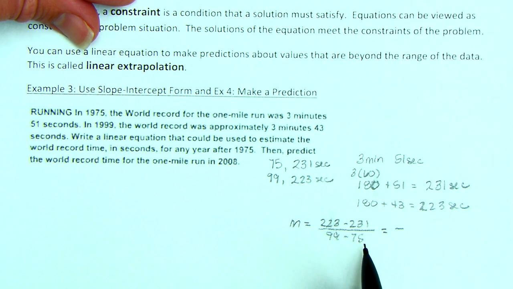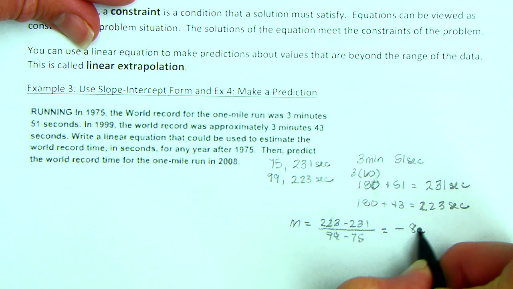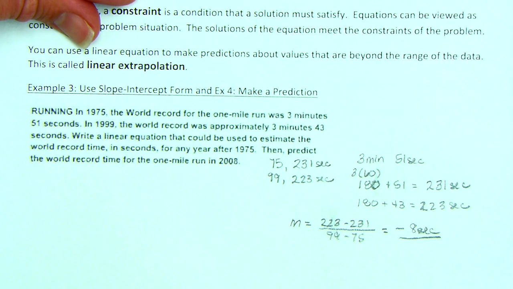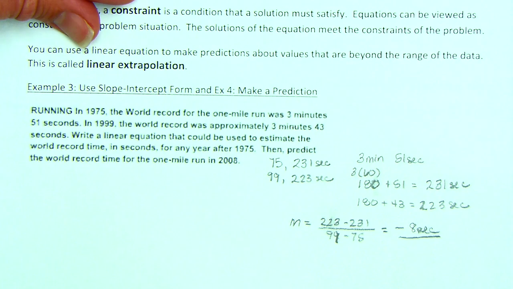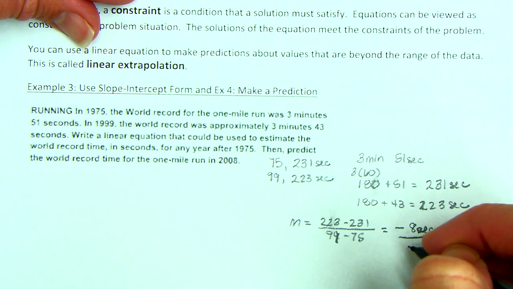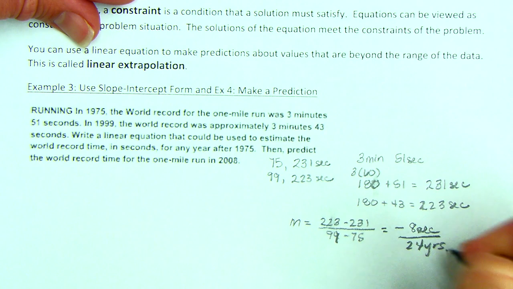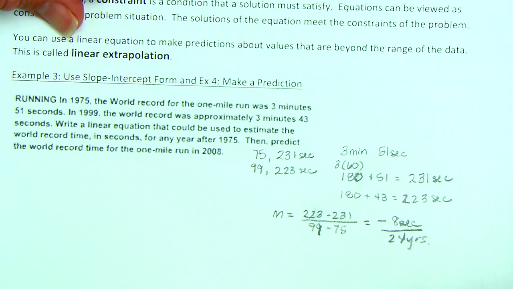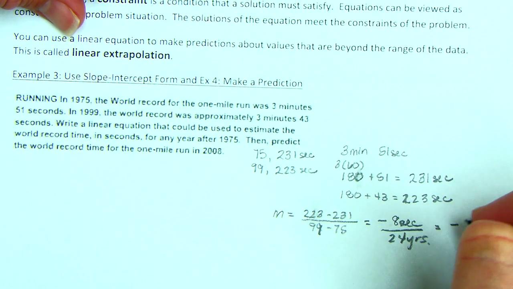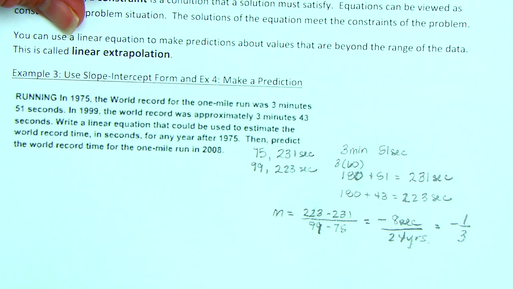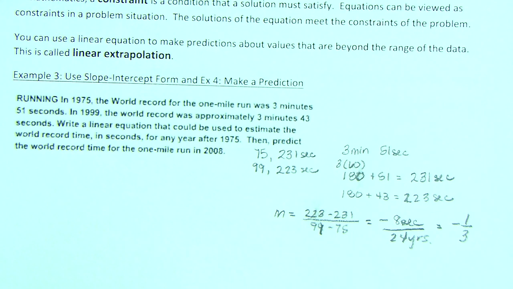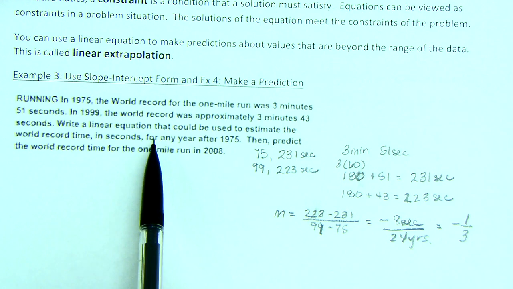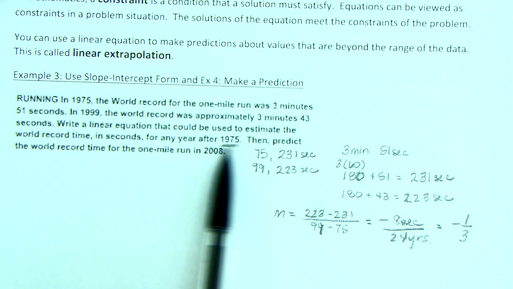It's decreasing by 8 seconds in a matter of how many years? Let's see, it looks like 24 years, right? Now that is not going to be super pretty, but it does reduce to negative 1/3 as our slope. Now we can pick either one of our ordered pairs, except, do you know what? If we read this, it says predict any year after 1975.